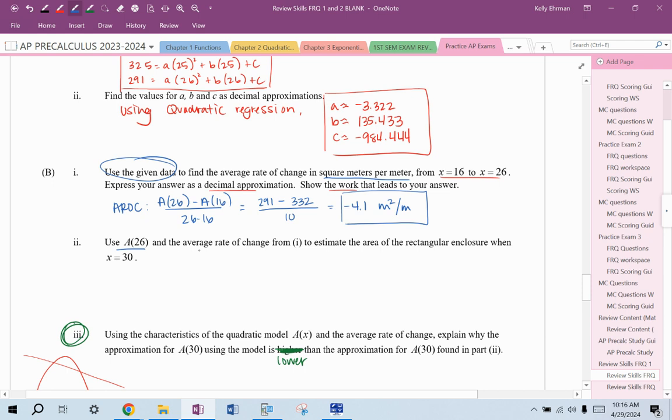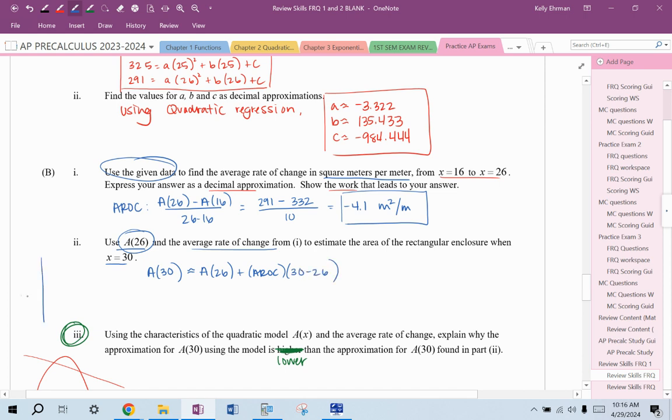Use A of 26 and the average rate of change to estimate the area of the enclosure when X is 30. So again, this setup is the same as what I used before, but this time they tell you specifically to use A of 26 instead of giving you the choice to use either one. So start at A of 26, add the average rate of change to that, times the difference between 30 and 26.